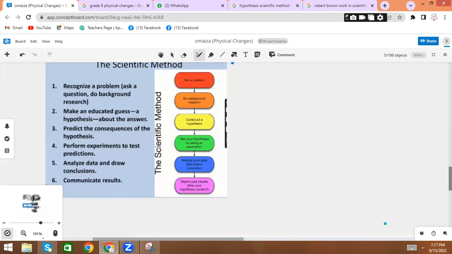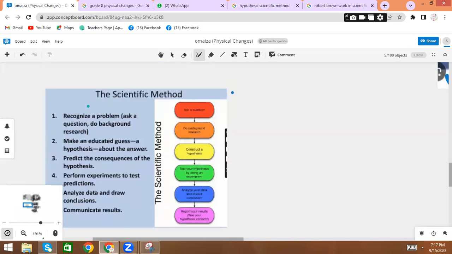All of these things are collectively known as the process of investigation. This whole thing is the scientific method.